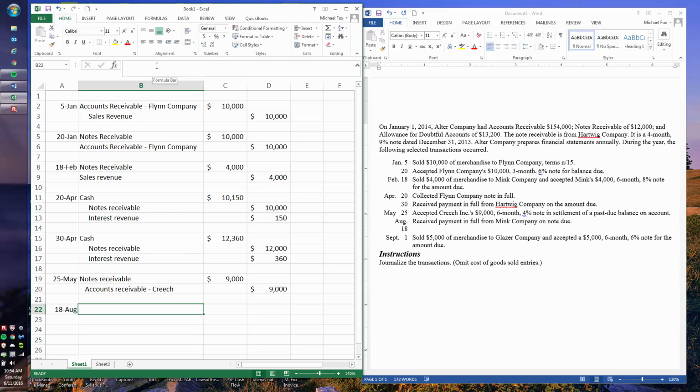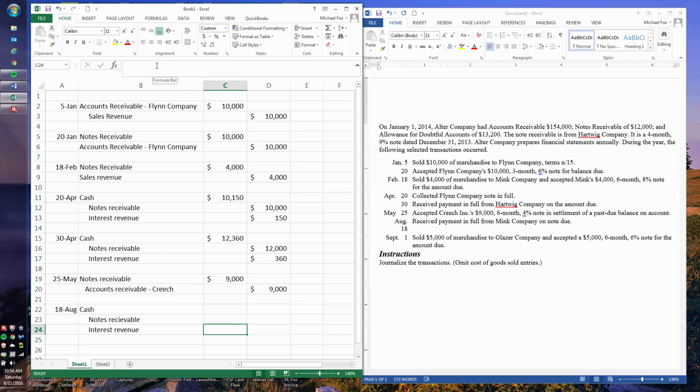So we're going to do, our cash will go up. Our notes receivable will go down because they're paying it off. And our interest revenue will go up. Just like the 20 April and 30 April transactions.